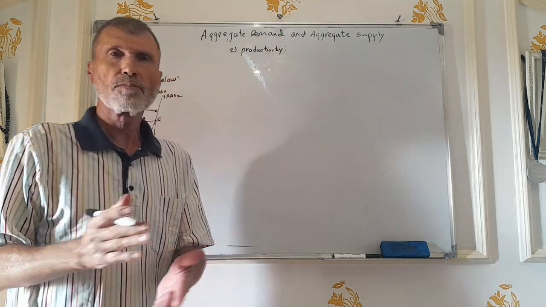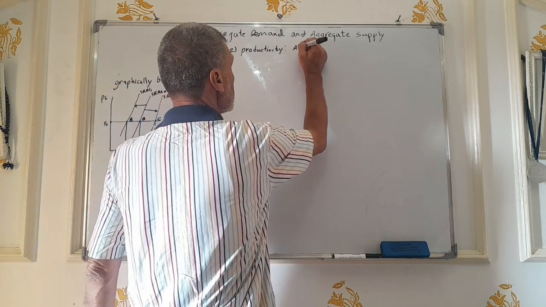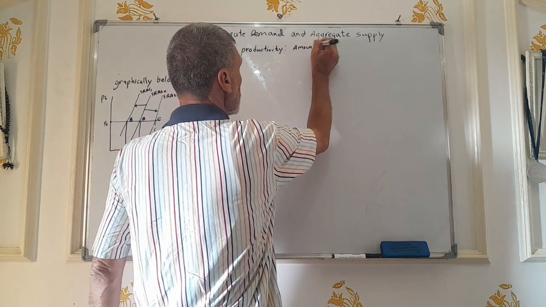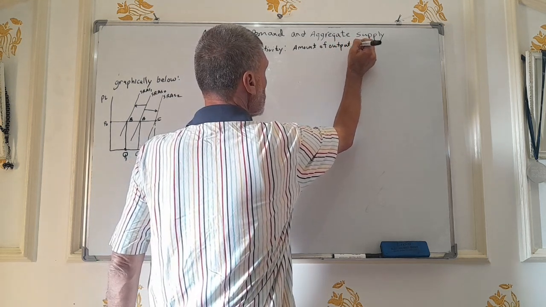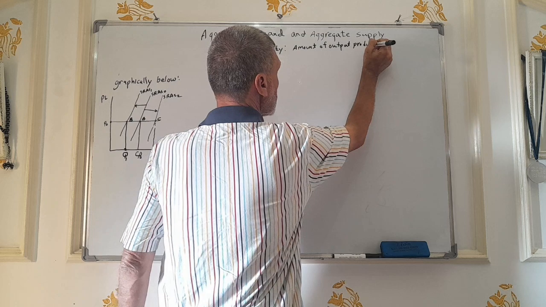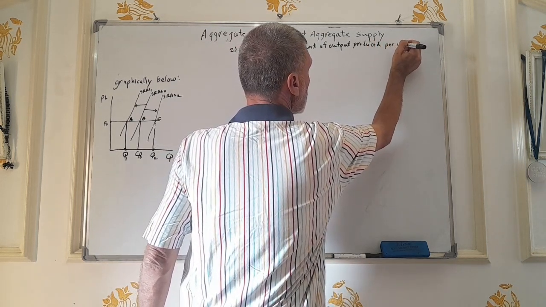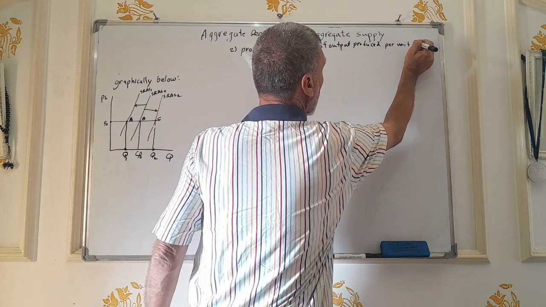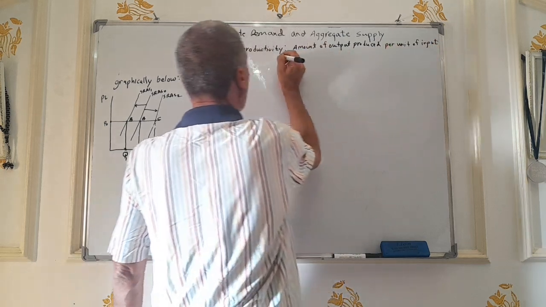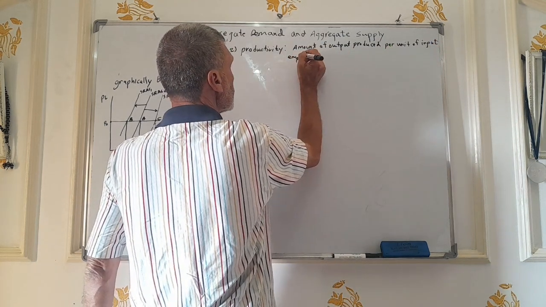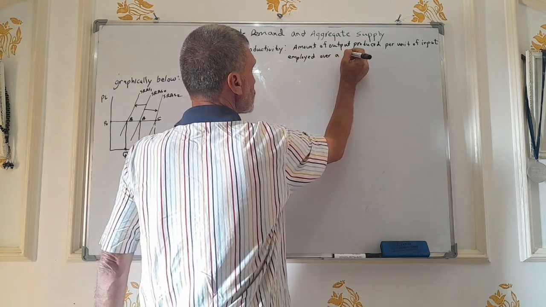When we say productivity, we mean the amount of output produced per unit of input employed over a certain period of time.